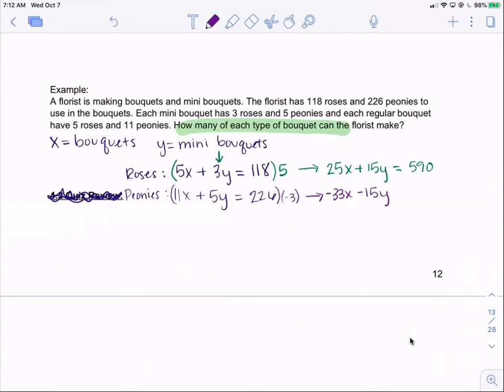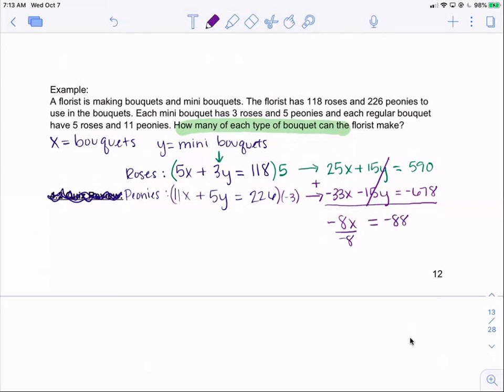And 226 times negative 3 is negative 678. Okay, and now we're going to add our 2 equations together. So 25x plus negative 33x gives us negative 8x. 15y plus negative 15y cancels. And 590 plus negative 678 is negative 88.